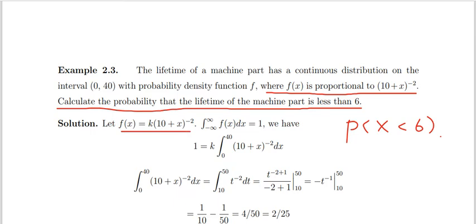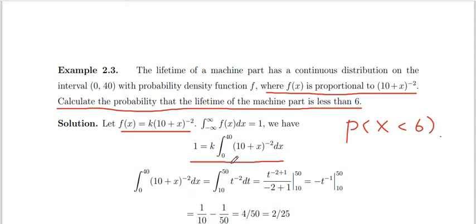At first we need to determine this k. How can we determine this k? We say that the integration of all probability equals 1. So we just let this equal 1, and from here we can find this k. To find this k, we just use the integration.